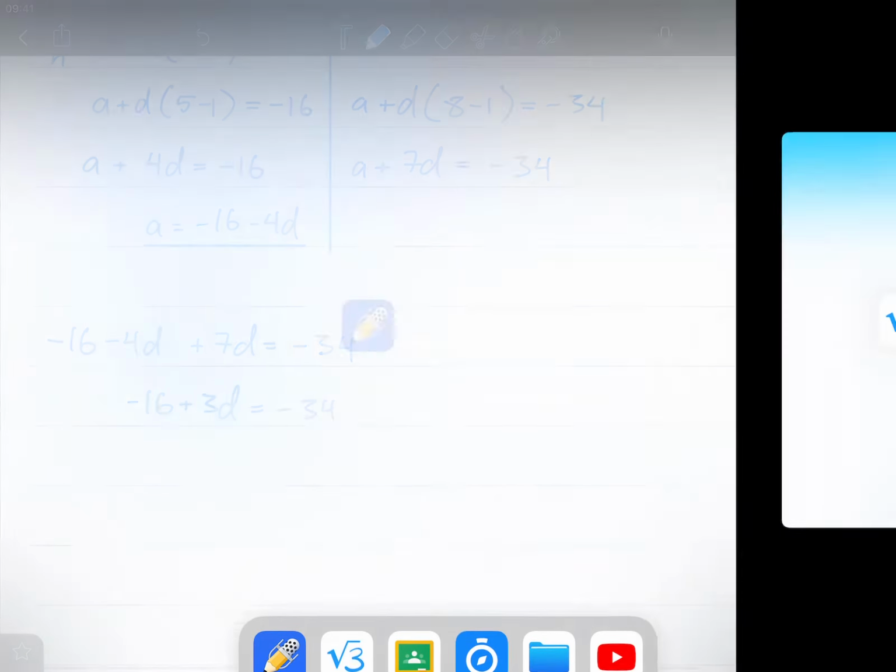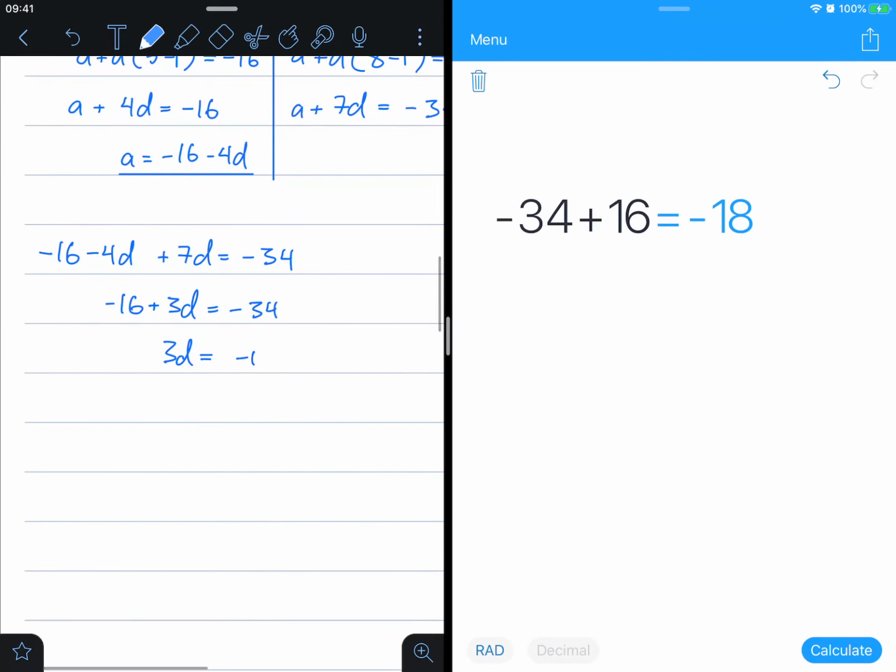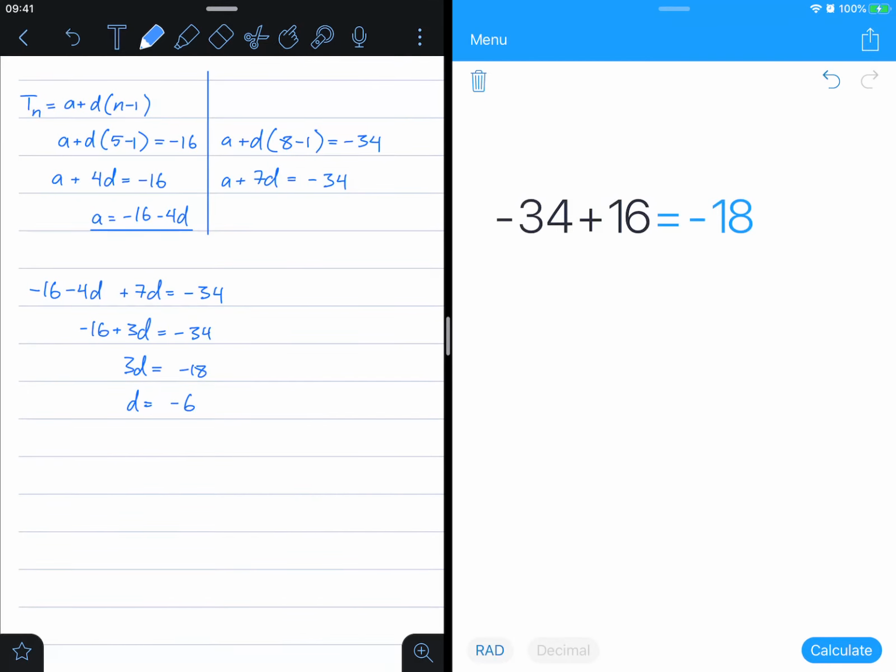Solving for d, we get 3d is equal to negative 34 plus 16, we get negative 18. The common difference is negative 6.